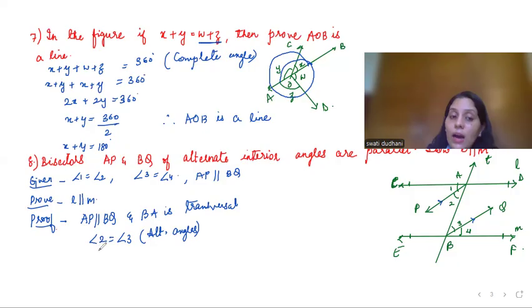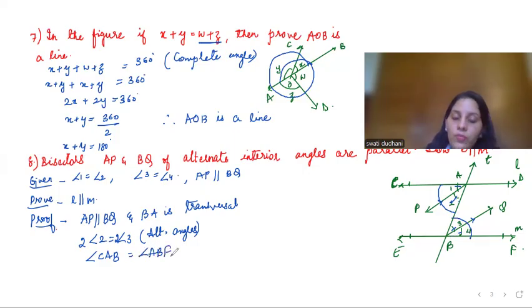Now, I can multiply 2 on both the sides. Now 2 angle 2. Now this is equal to this. So if this is 2, this will also be 2, right? So 2 angle 2 means this whole angle, which can be written as angle CAB. 2 angle 3 means this angle and this angle, which is nothing but ABF.